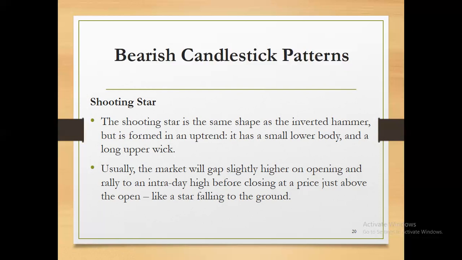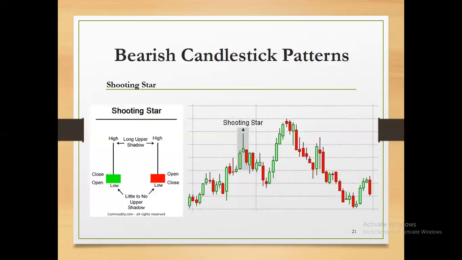Usually the market will gap slightly higher on opening and rally to an intraday high before closing at a price just above the open, like a star falling to the ground. This is the shooting star. You see it on a resistance zone or a resistance level. It could be green and it could be red. This is how it looks on the chart.